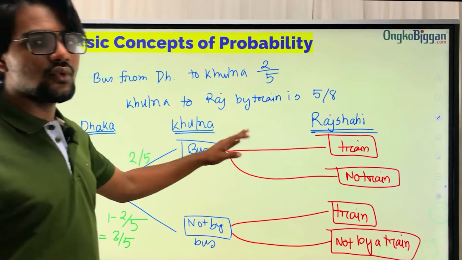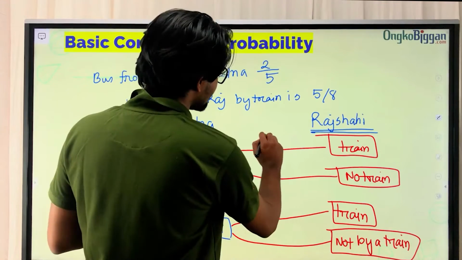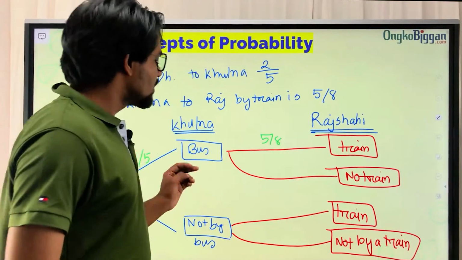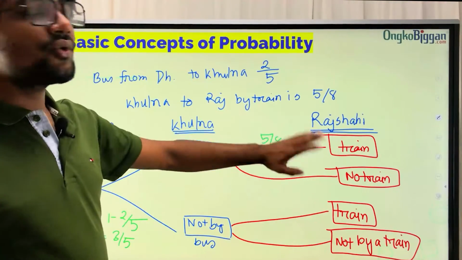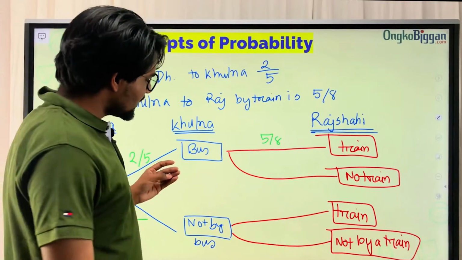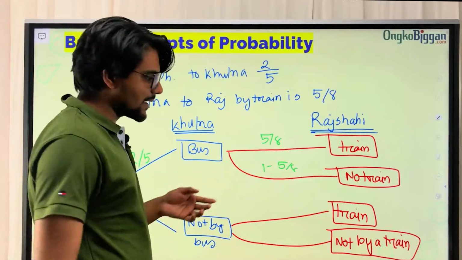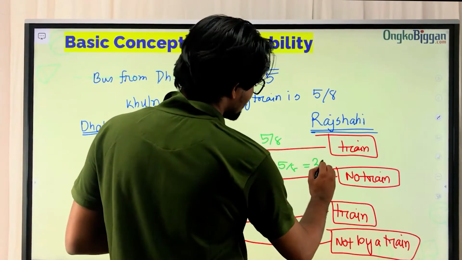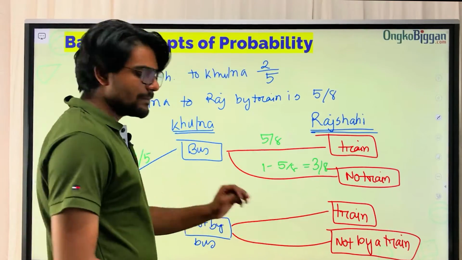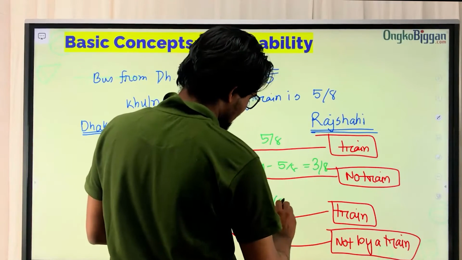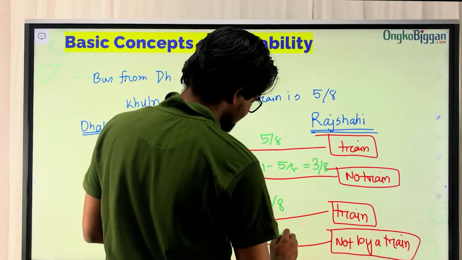Similarly, he can go to Rajshahi by train with 5/8, or not by train with 1 minus 5/8. That means 3/8. Similarly, here it will be 5/8, and there it will be 3/8.